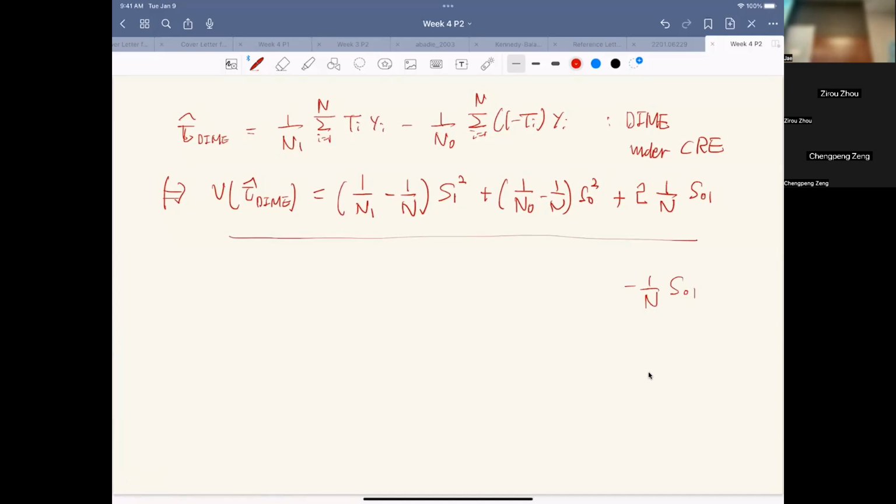So then we have a minus times minus, which is plus. So that is the formula.